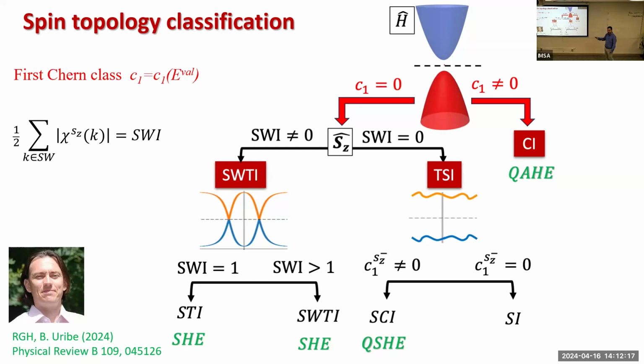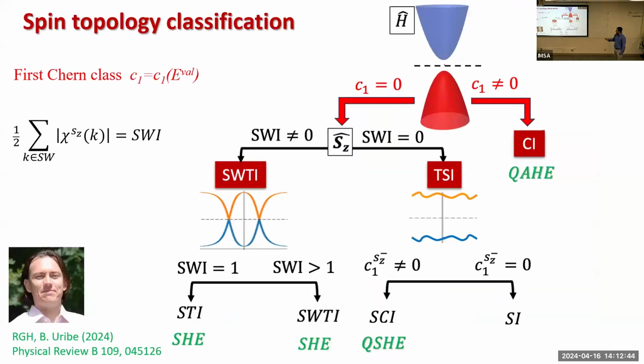But also our spin spectrum should have crossings. One crossing means that it's a strong topological insulator, and more than one should be a spin Weyl topological insulator. That is a way to classify the topological phases using the information in the spin spectrum. It's the only one that we propose here.